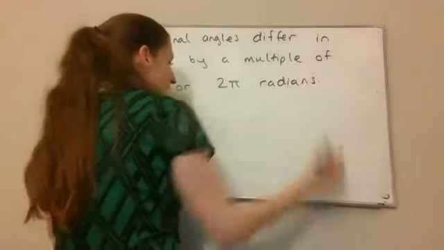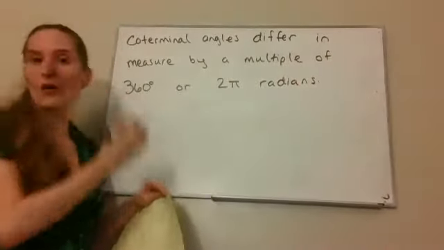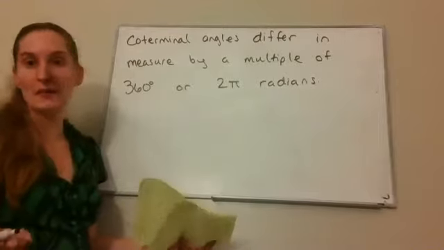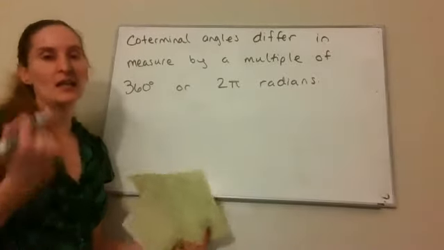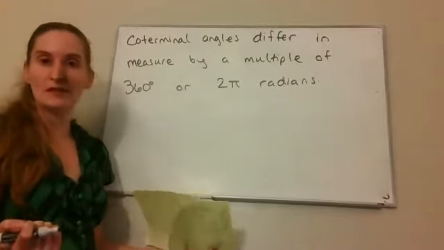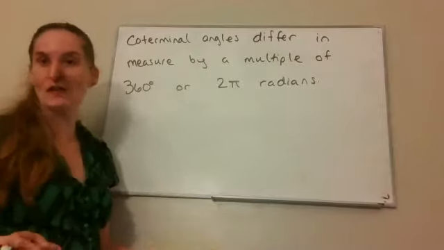And that's just like in the drawing I had, because we have to go all the way around the circle in order to get back to the same terminal side. So your coterminal angles will always differ by just full rotations around the circle.